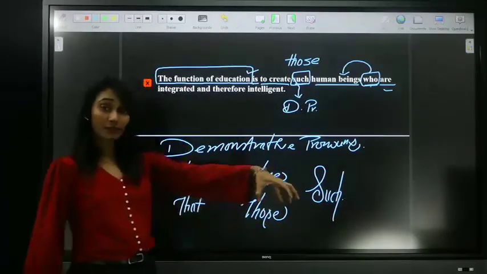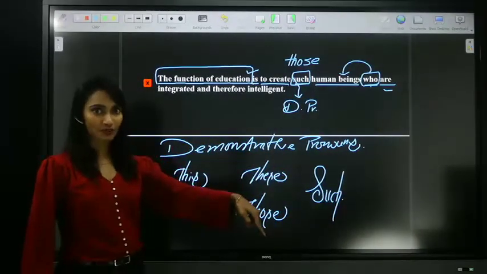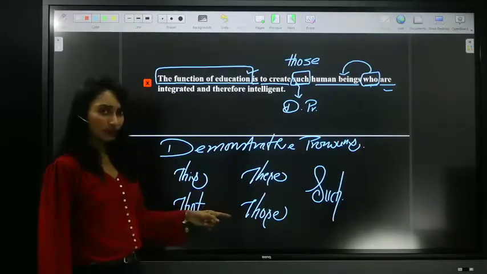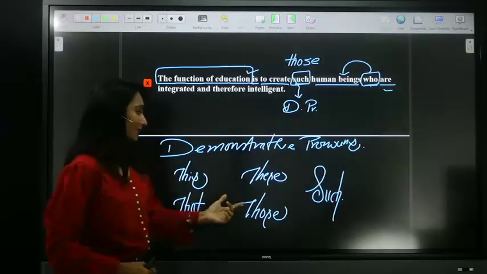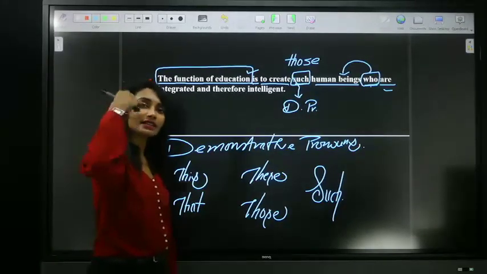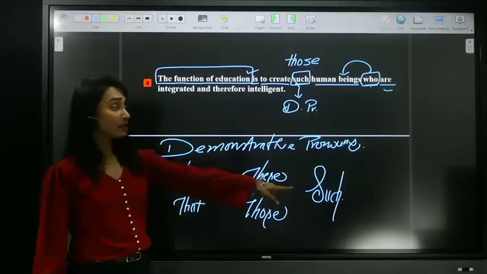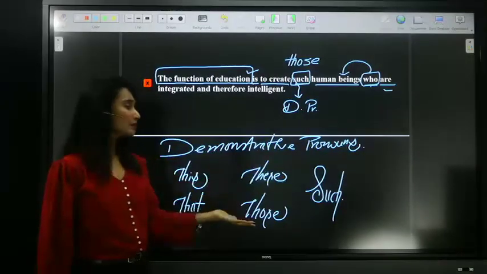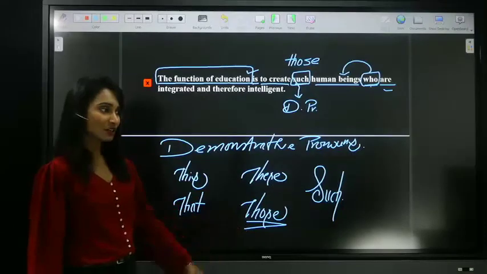Such indicates a particular character or person in comparison. Whereas this and that are for singular, these and those for plural. This and these indicate something close to our hand; that and those indicate something far away. So remember, we are not indicating a comparison with some other; we're simply making a general statement. So replace such with those.